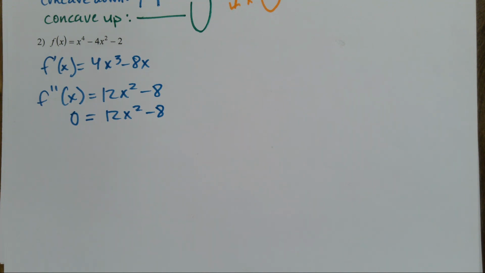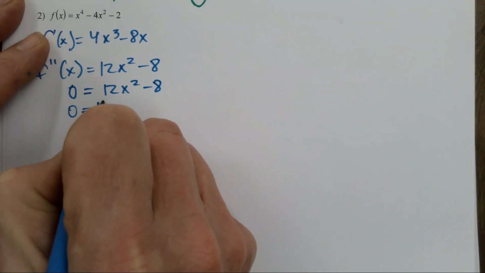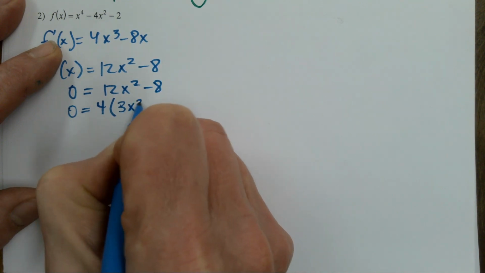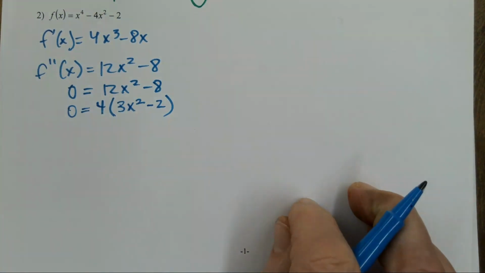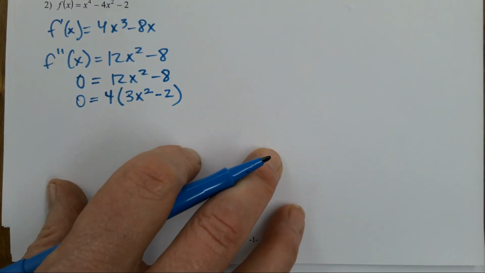So what I'm going to do instead is add 8, divide by 12, simplify that, take the square root, and so on. Or we could pull out the 4 and get 0 equals 4 times, factoring out the 8, 3x squared minus 2. Still, it's not a nice factorable one.